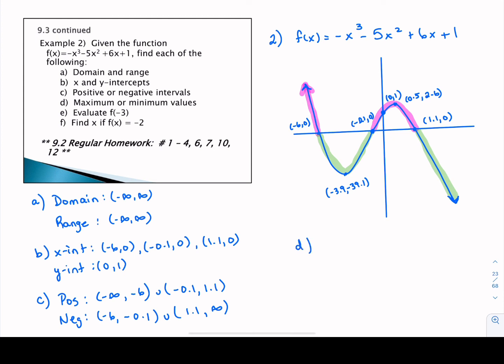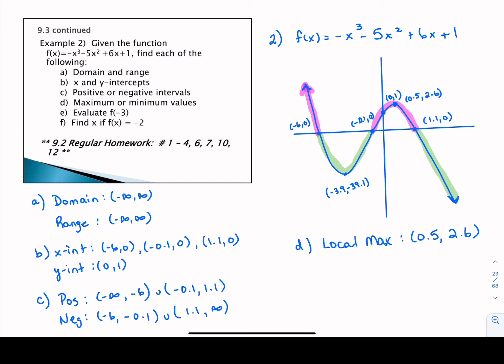Now in part D, we want you to find the maximum or minimum values. So we have a local max, or a local high point, at the coordinate (0.5, 2.6). Remember, there's a difference between local and absolute. Local means it's a little peak or valley. Absolute would mean that it's absolutely the highest or lowest point on the graph.